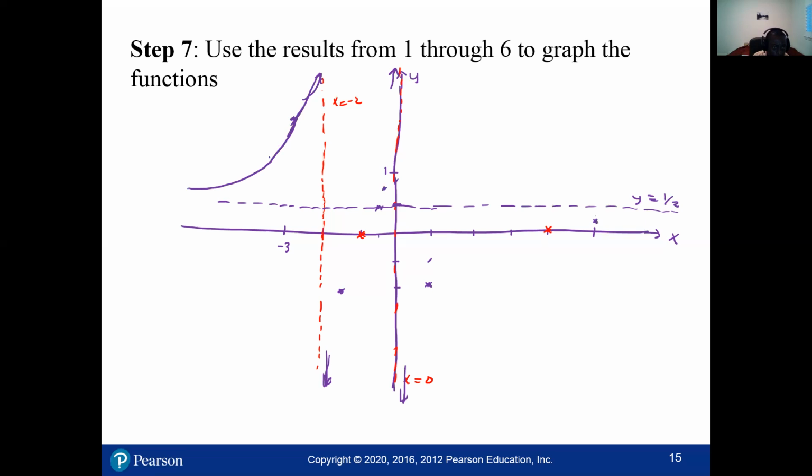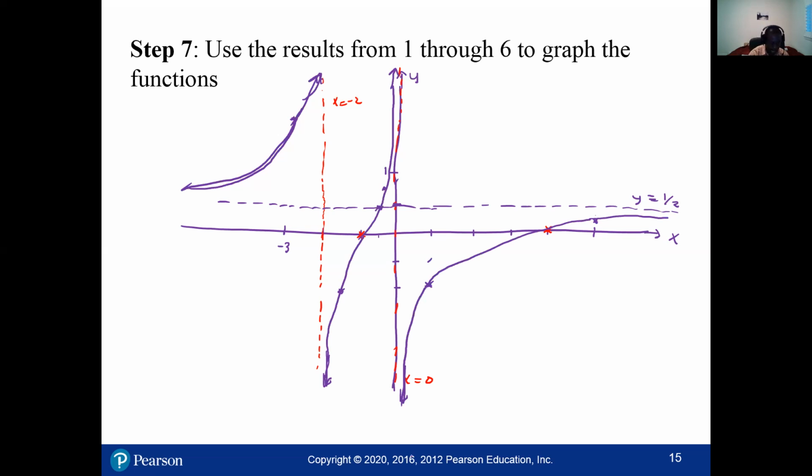Okay. And then we have that side. It goes to infinity, crosses that, and goes up like that. And then it passes to this point, and then comes down closer like that.